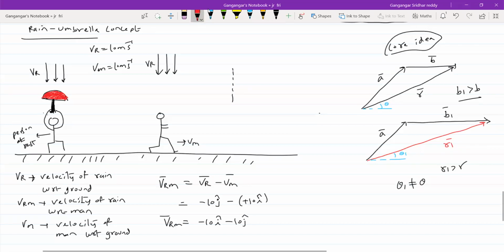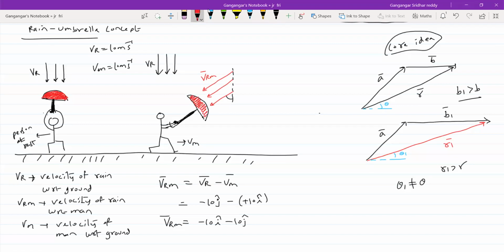So the rainwater will be directed in this way. So you put VRM bar like this. This is the velocity VRM bar. This is the angle. How much is the angle? We will calculate that. So how should we hold the umbrella now? Now we should hold the umbrella against VRM bar.